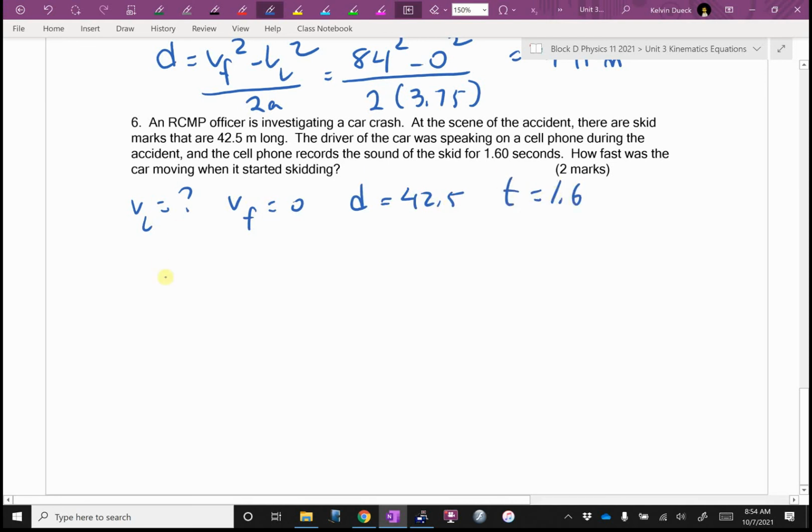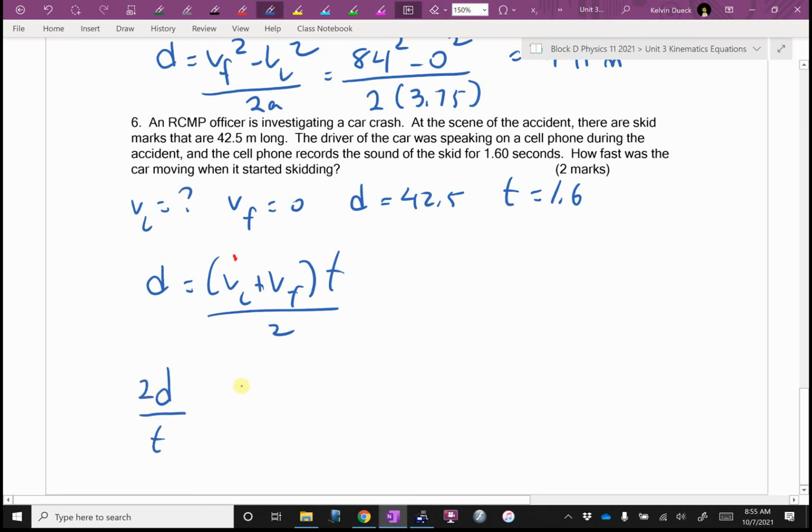I think the equation I'm going to use is VI plus VF times T over 2. Now, VF is 0. So if I wanted to, I could cross this out, which makes things easier. I won't, just to walk through the more difficult version so you can see what it's like. Nick, what am I trying to get by itself? What's going to drop down like a domino? Then what? How will I move the T over? How will I move the 2 over?